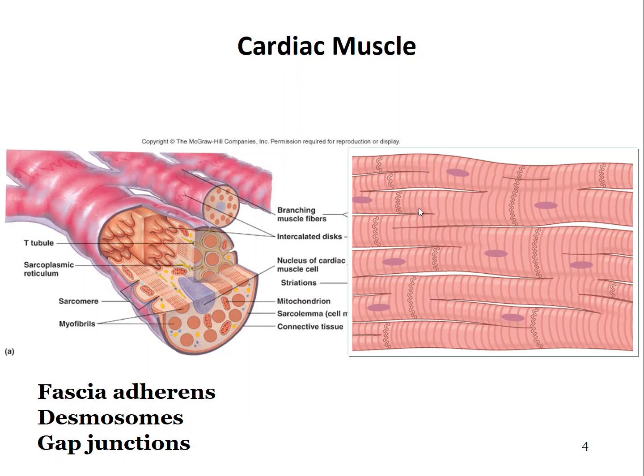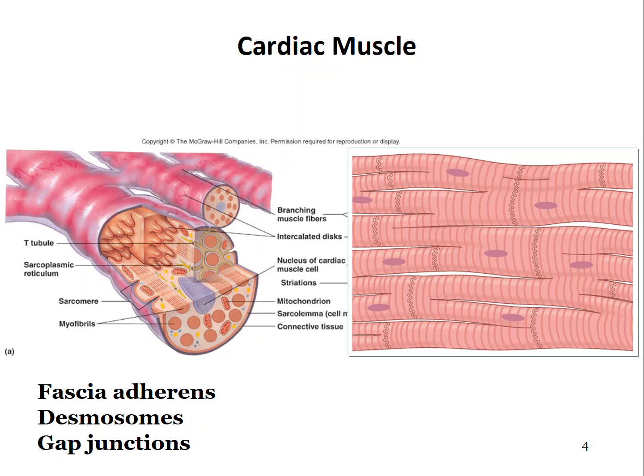If you look here, the cardiac muscle cells divide into two different branches. Each muscle fiber divides, and they attach together end by end. Each cell is attached to the next one end by end. And in the place of the connection, we call it the intercalated disc, because here the membranes of the two cells are folded and interdigitated.